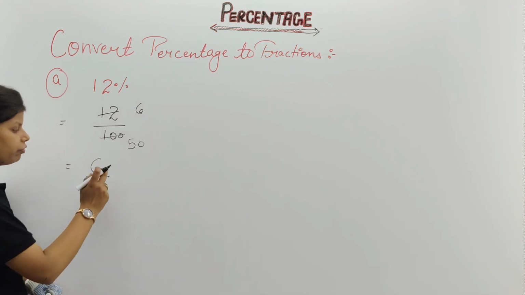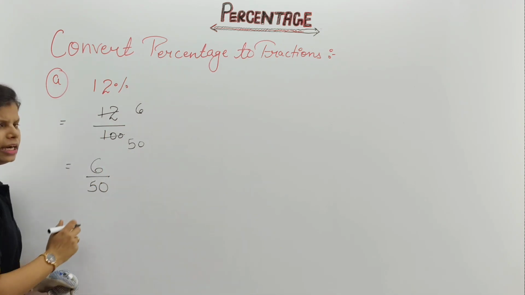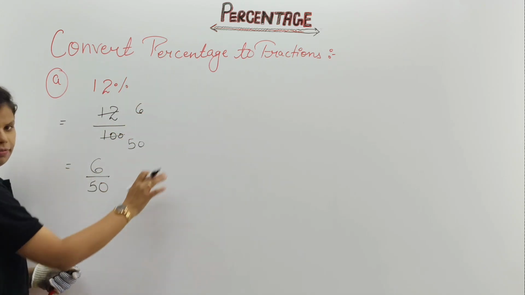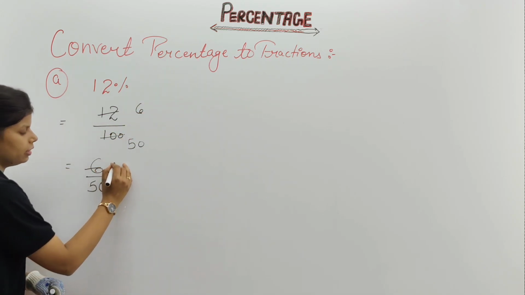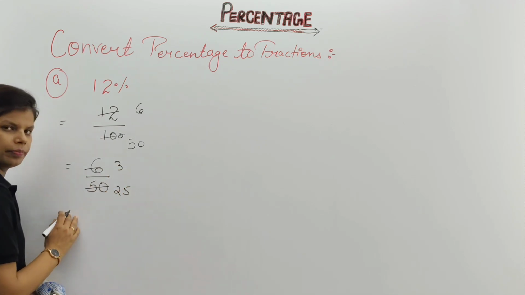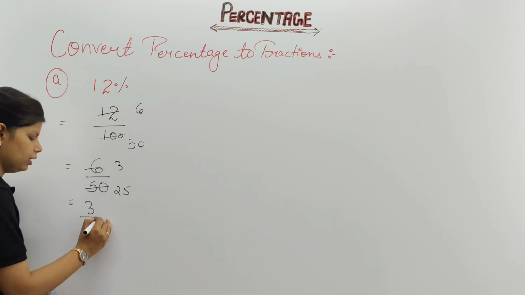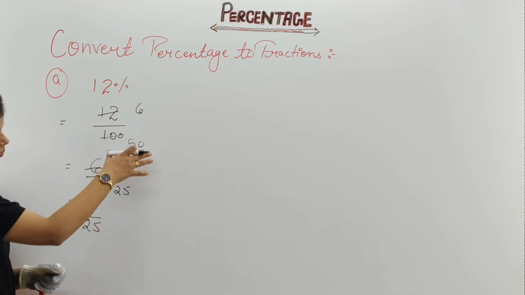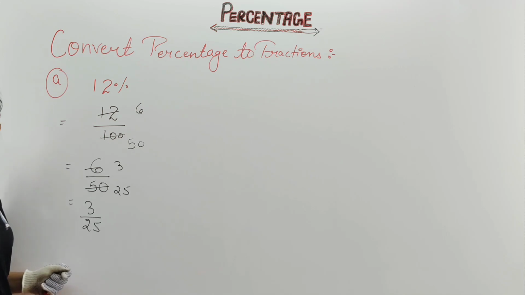That means you have to divide that number. Here I have done it directly, but we can go with the steps also. Here I'll give 6, two 3s are 6, and here you write 25, and you will get the answer 3 upon 25.